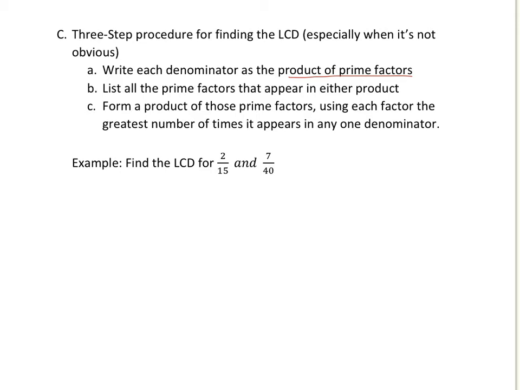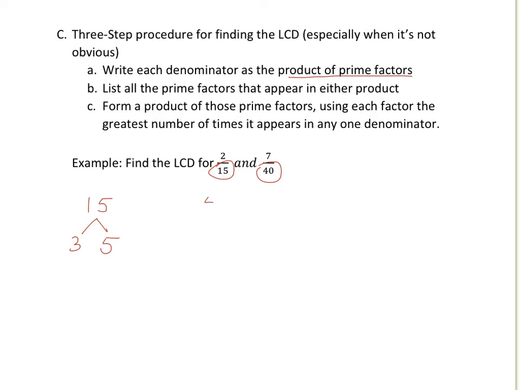I'll demonstrate that with this example here for 2/15 and 7/40. I have two larger denominators here, 15 and 40, so I want to find the lowest common denominator, or the least common multiple, of those two numbers. So I'm going to express them using prime factors. So 15 is 3 times 5.